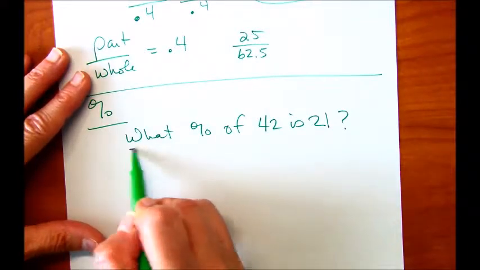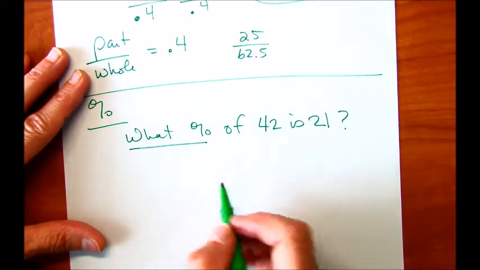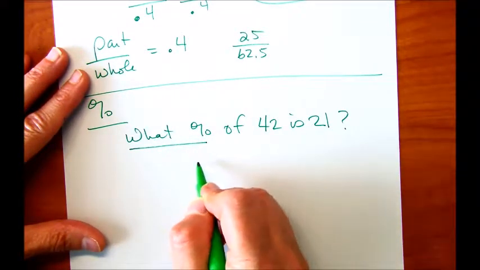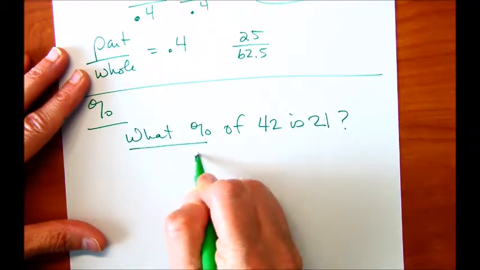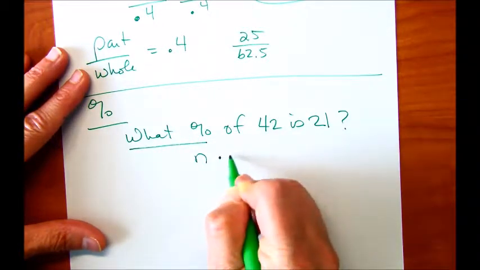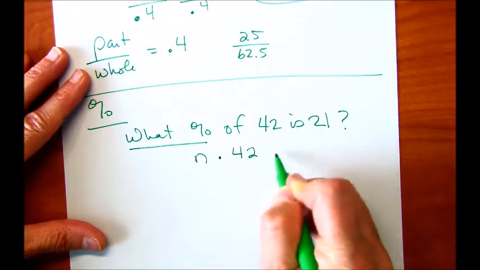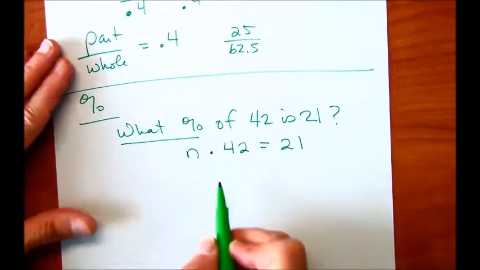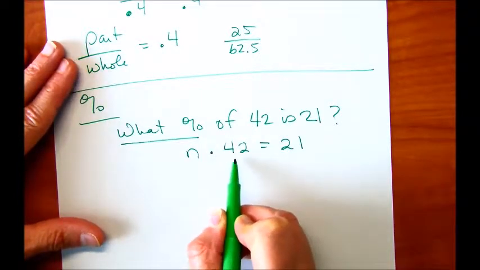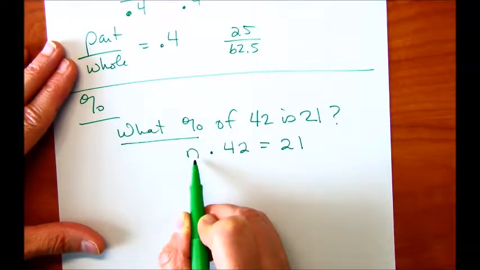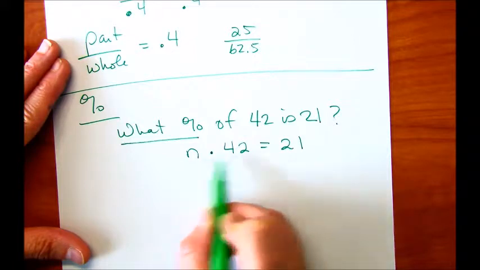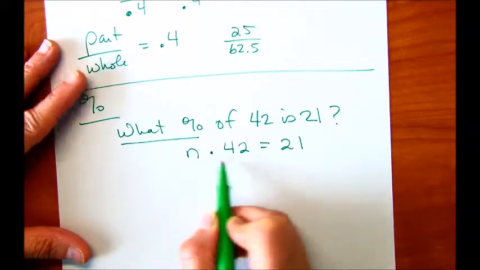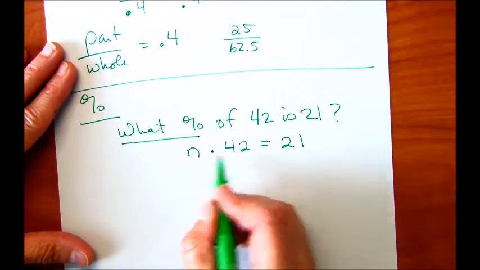Well, clearly we're looking for the percent because I'm asking you that. So we're going to say this is n, and this is times 42 equals 21. Now I know the number is after the n, but remember, commutative property, order doesn't matter when you're multiplying. So you could switch it around if you wanted. I'm going to leave it.